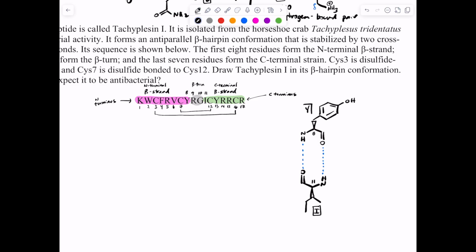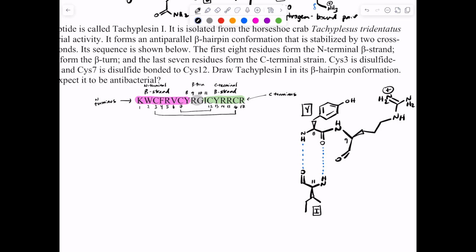Now, to complete the turn, we need the bridge between the two, and that's going to start with arginine 9. Here is the nitrogen for arginine 9. Here is the alpha carbon. Here is the carbonyl carbon. So arginine has alpha carbon, beta, gamma, delta, and then attached to the delta carbon, you have the guanidinium functional group, which looks like this.